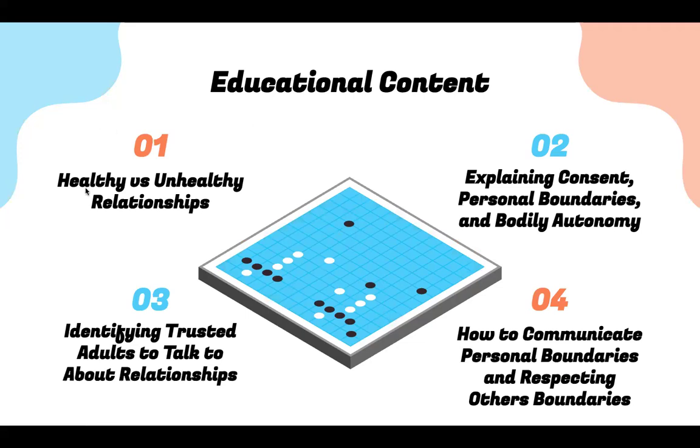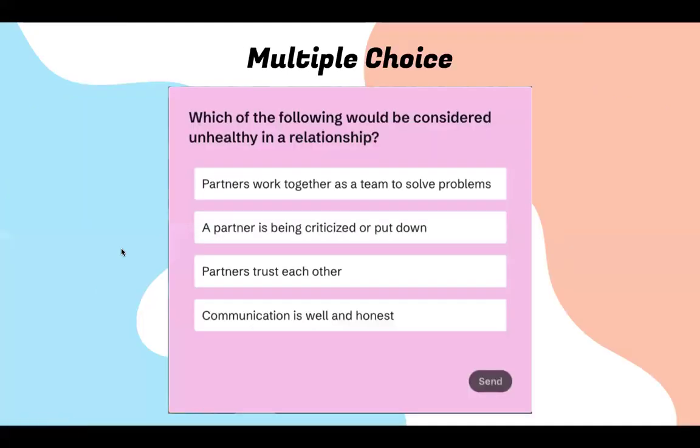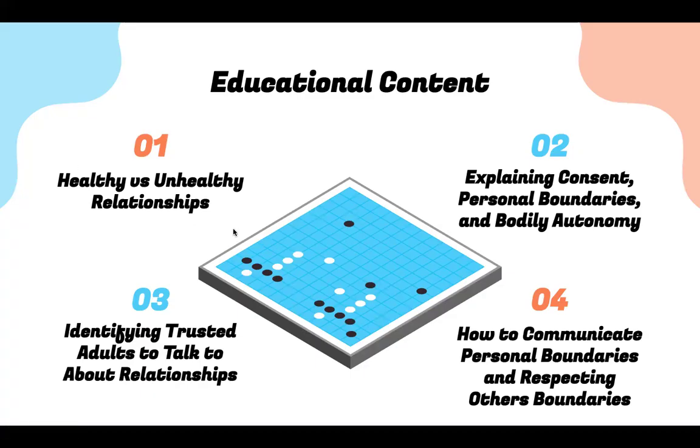So we have healthy versus unhealthy relationships, explaining consent, personal boundaries, and bodily autonomy, identifying trusted adults to talk to about relationships, and how to communicate personal boundaries and respect others' boundaries. So within those content areas, there are different types of questions. And each area, so I'll go back for a second, each area is a different color on the board game.